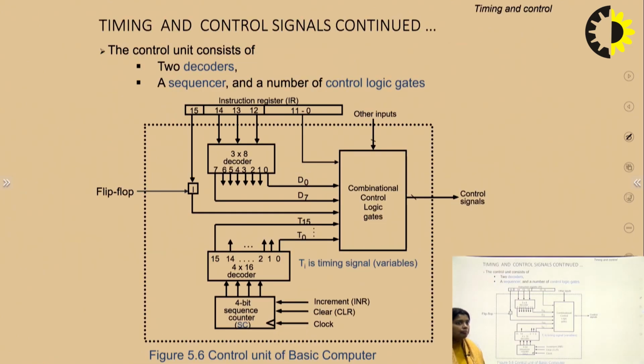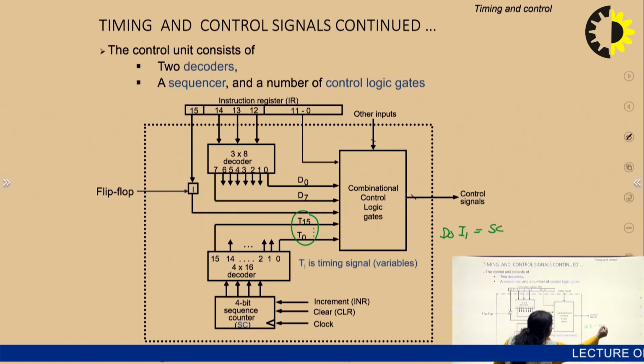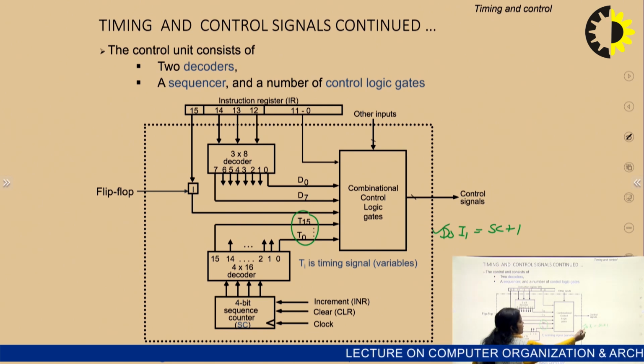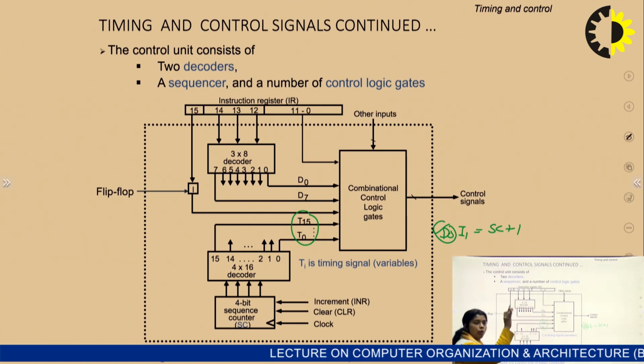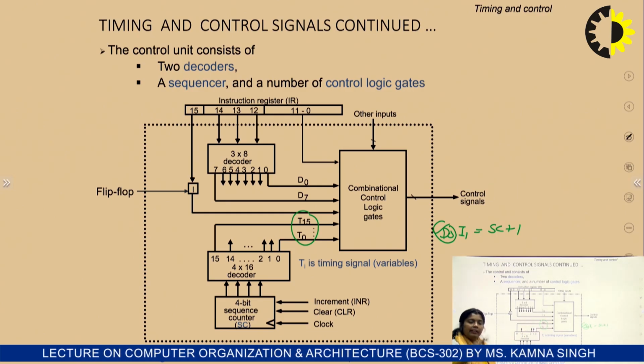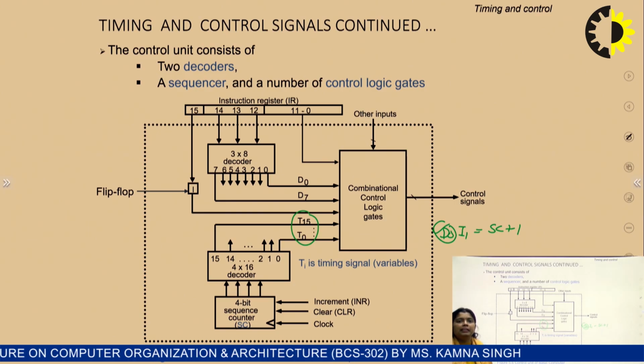So this is the simple structure of the hardwired control unit. Remember that. Now this is the timing and control signal diagram, showing how these values work with the help of the T0 to T15 signals. If I write D0 T1: SC is SC plus 1, it means when D0 is activated, all the other D1 to D7 values are deactivated, and when D0 is 1, the sequence counter will be incremented by 1.